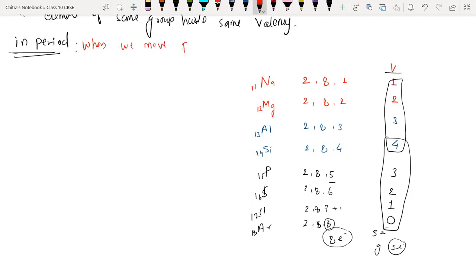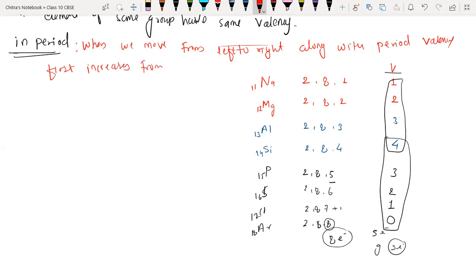So when we move from left to right along a period, valency first increases from 1 to 4 and then decreases from 4 to 0.